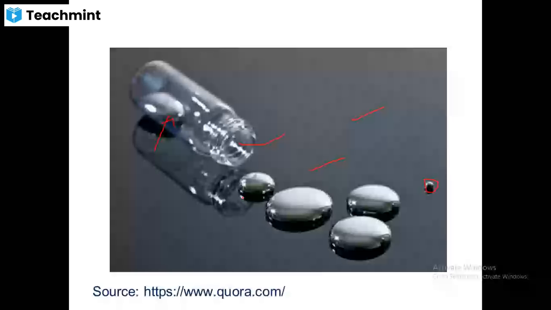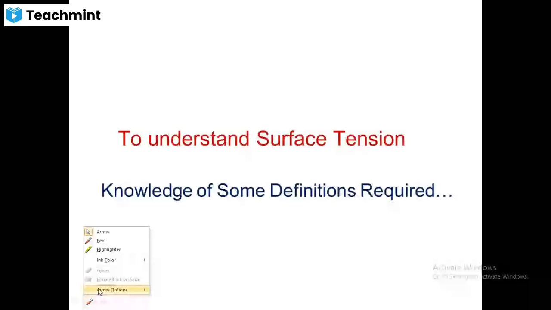If it is a little bit large, it is a little bit flattened; this size, a little bit more flattened; this size, much more flattened. So as the mass of the mercury increases, it keeps on flattening, right? So the beauty of surface tension in our day-to-day life, right?